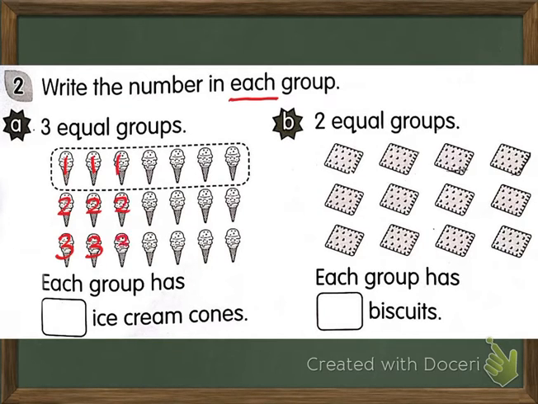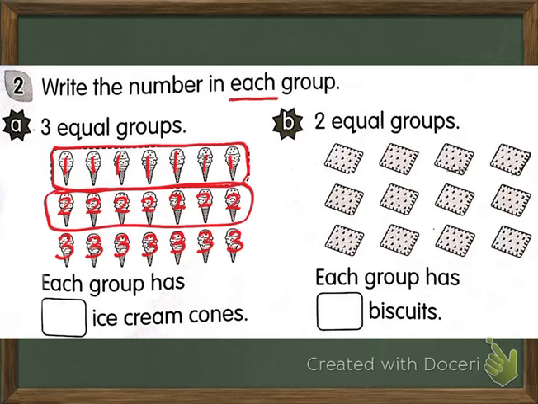1, 2, 3. 1, 2, 3. 1, 2, 3. So this is the first group. This is the second group. This is the third group. Now what you have to do is count in each group.